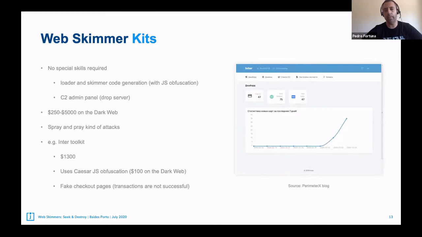So it takes the user through a fake checkout page, which is usually the type of attack that you see in a spray and pray kind of attack, because transactions are not successful. The ones that are more successful are the ones that are able to skim the credit card without interrupting the actual purchase, because then it will be harder for people to notice.